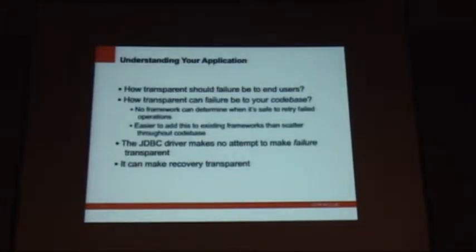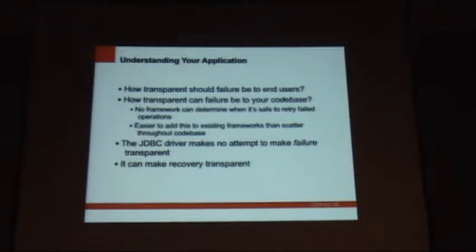So what you need to understand about your application is how transparent should failure be to your end users? What kind of expectations are you setting up? Do you never want an end user to see an error message or service unavailable of any kind? Or is it okay for a few percentage of your users to get a try again? Is it okay for some user requests to hang while failover happens?